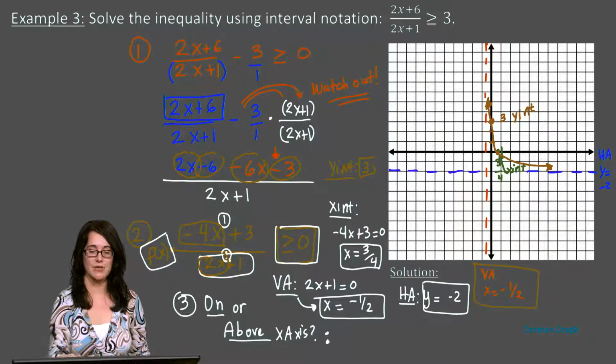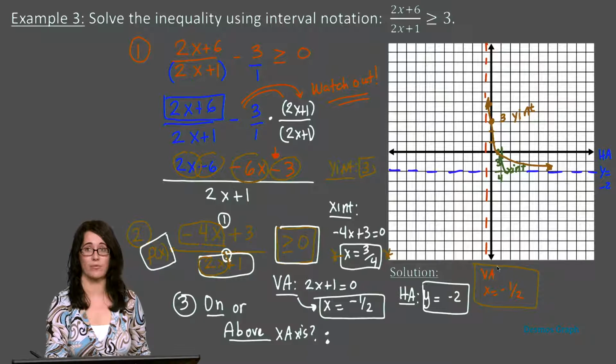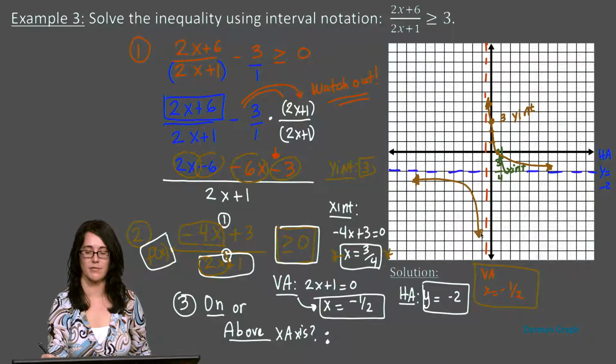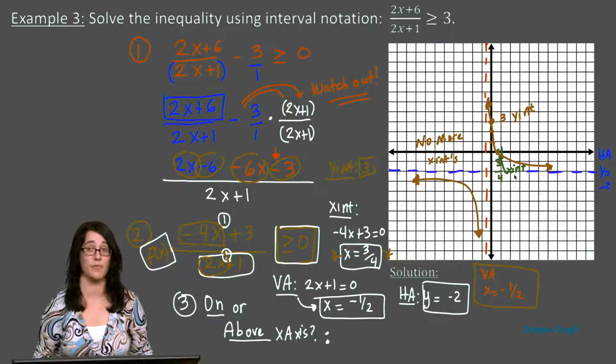The only x-intercept was at 3/4, which was to the right of that asymptote, meaning that to the left of the asymptote, I can't cross that x-axis ever again. So my graph must look something like this. It must be below that horizontal asymptote, since there are no more x-intercepts allowed. The only x-intercept was at 3/4.